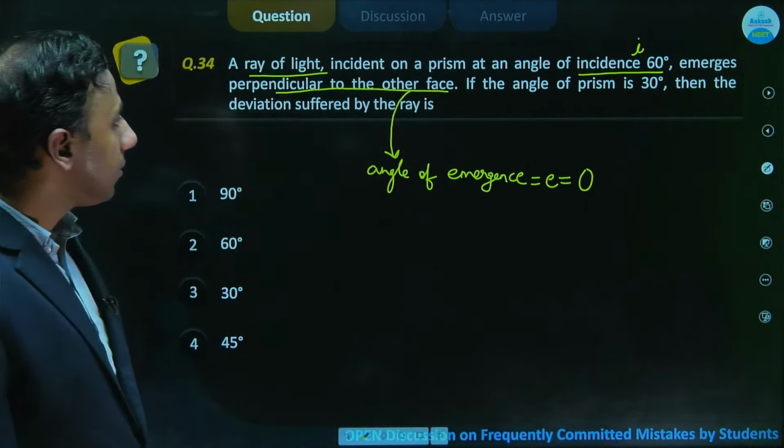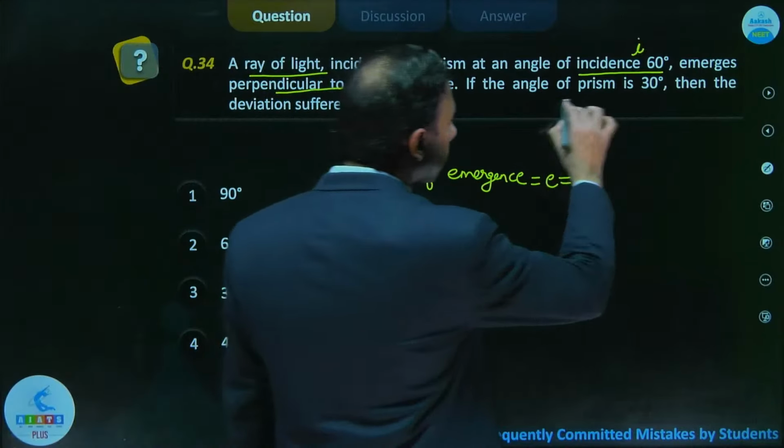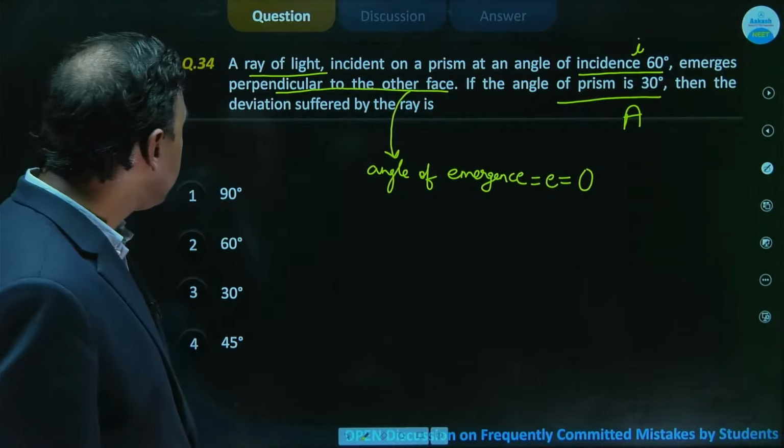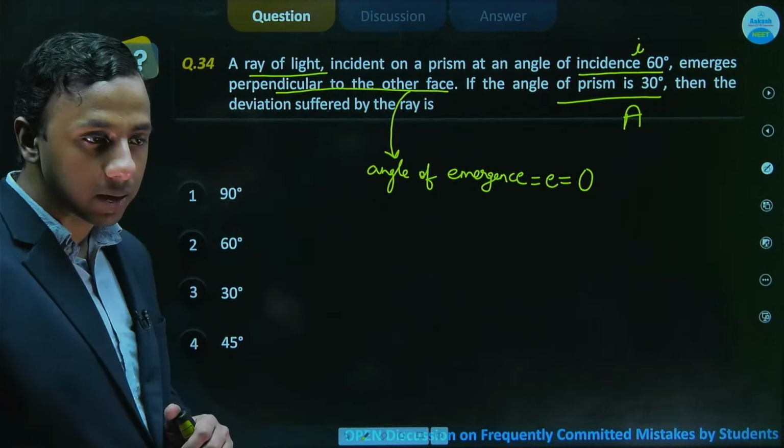Then the angle of prism is 30 degree, that is A. Then the deviation suffered by the ray is asked.